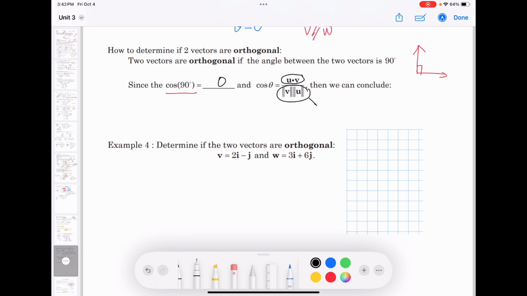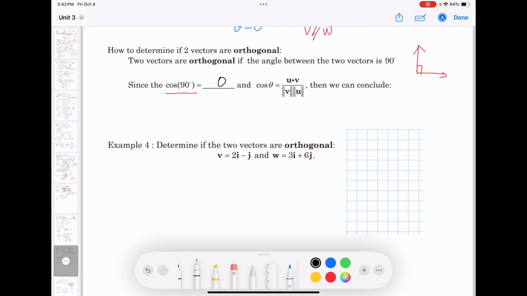The bottom is a magnitude times another magnitude, so it is a number times another number. Only if the top is 0 is the result 0. So I can just evaluate whether u dot v is 0. Then I can tell the angle between these two vectors is 90 degrees, which means the two vectors are orthogonal.